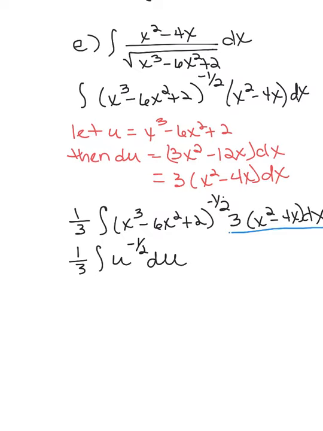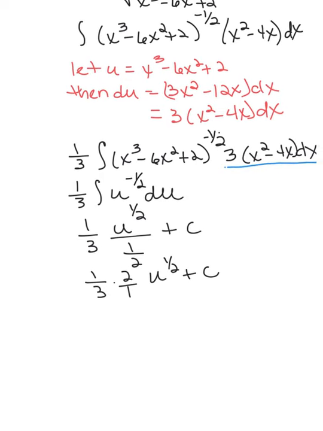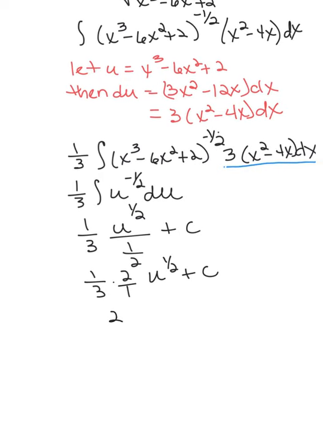With that single term to the power, we're ready to do our power rule. So add 1 to -1/2. You will get +1/2, which you have to put over +1/2 plus c. Dividing by a fraction is multiplying by the reciprocal, so we're going to have 1/3 times 2 over 1 times u to the 1/2 plus c. 1/3 times 2 over 1 gives me 2/3.